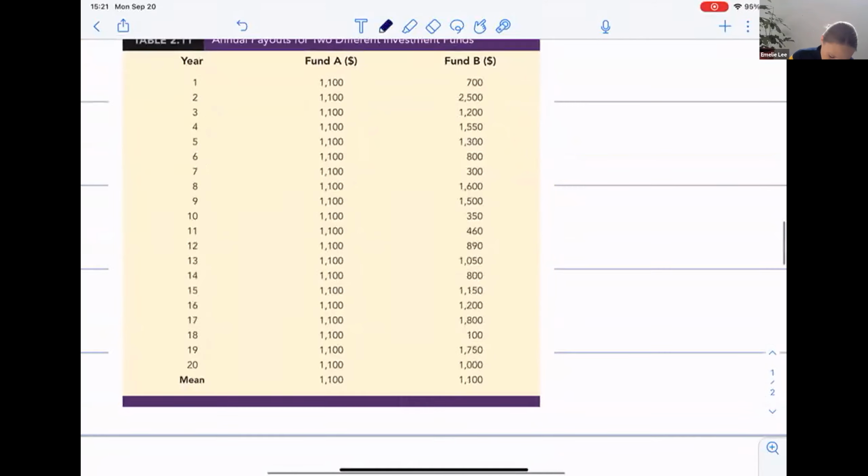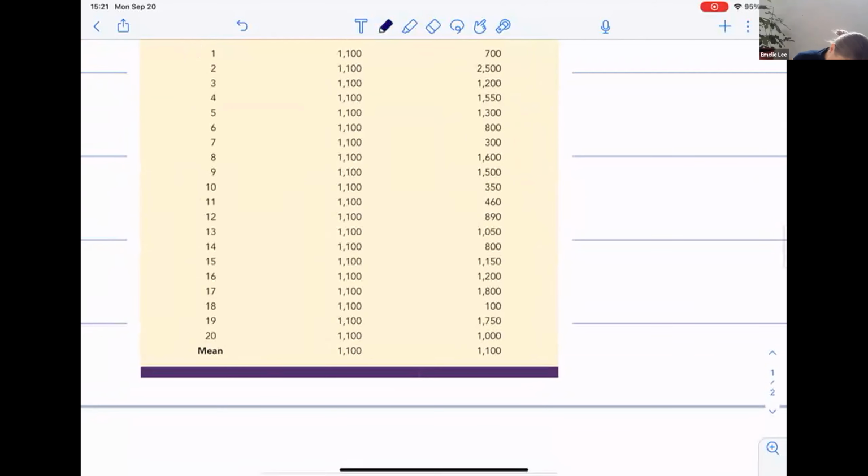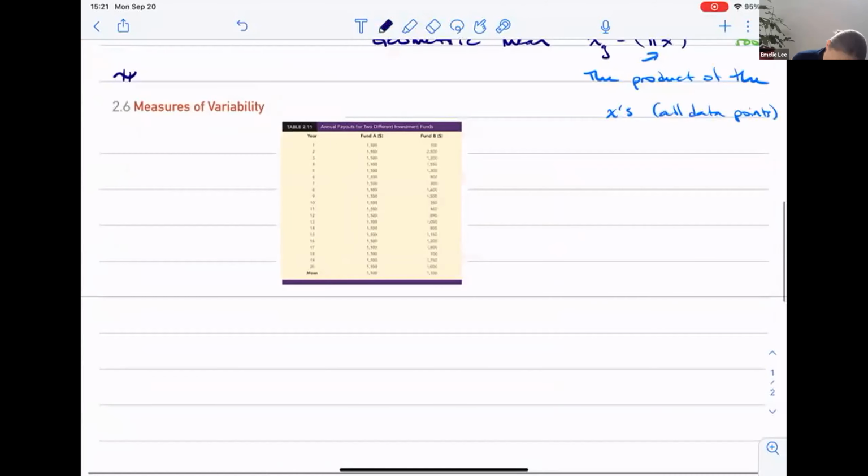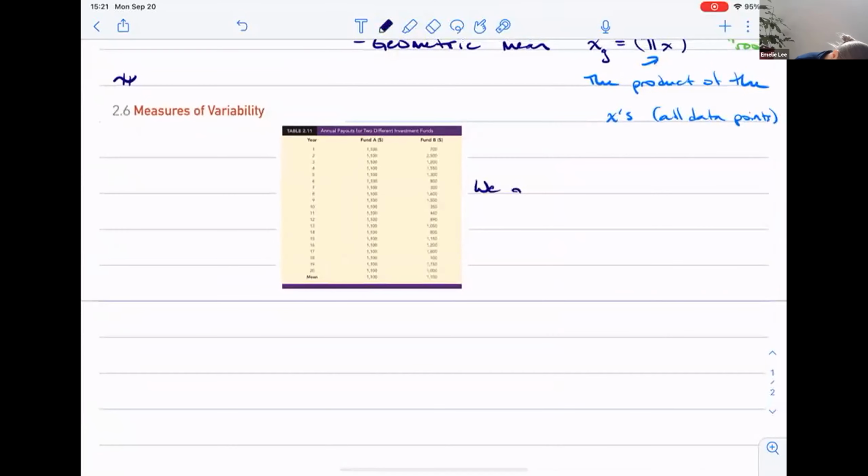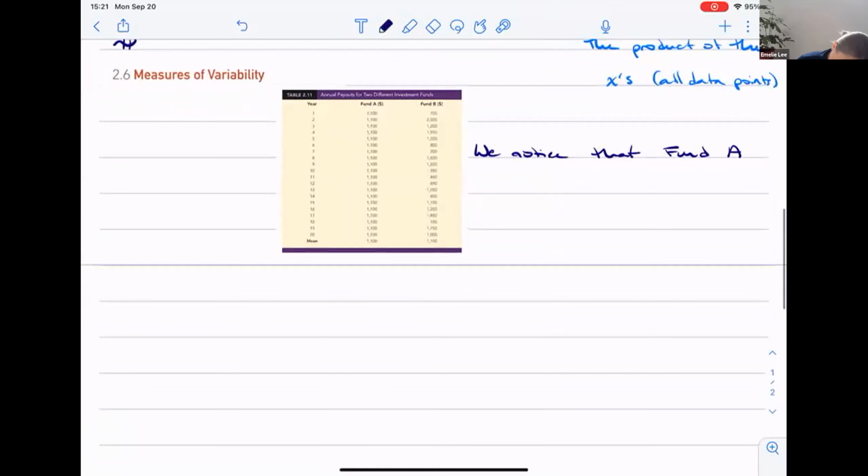And so here we're seeing, so Fund A, we notice that Fund A has no variability, right?